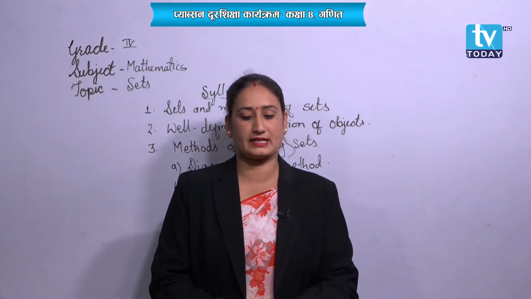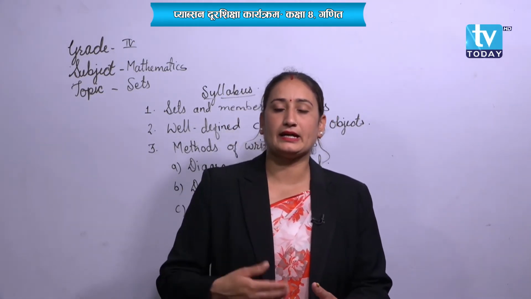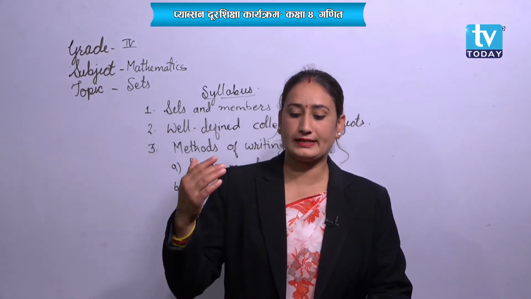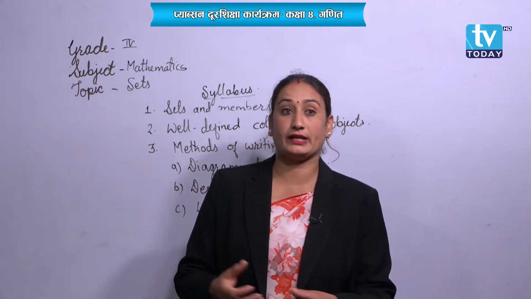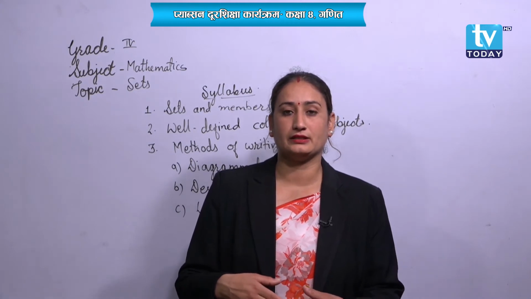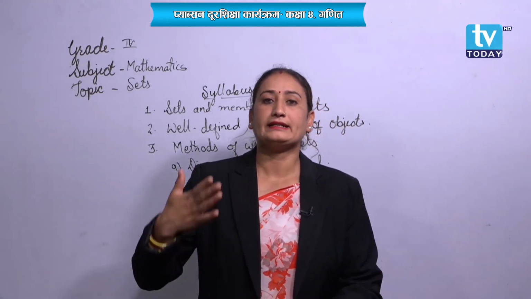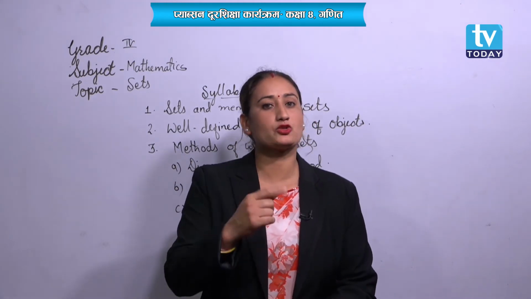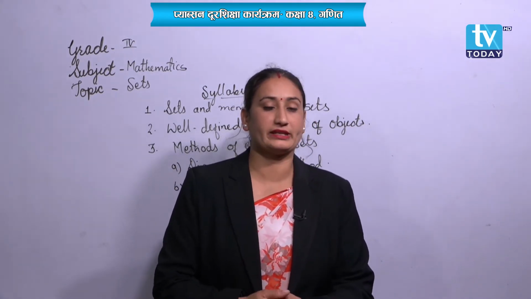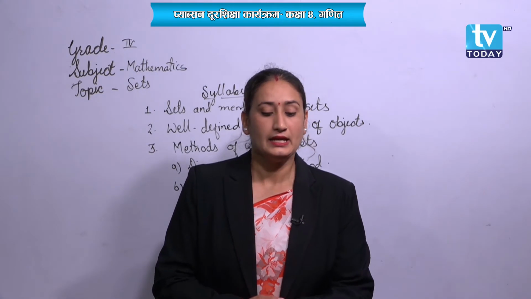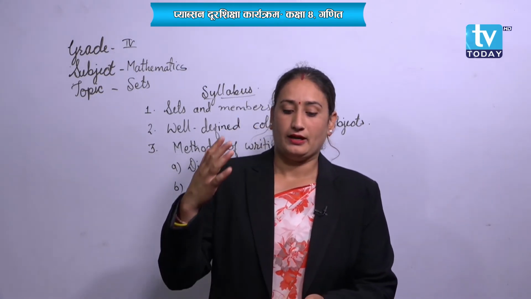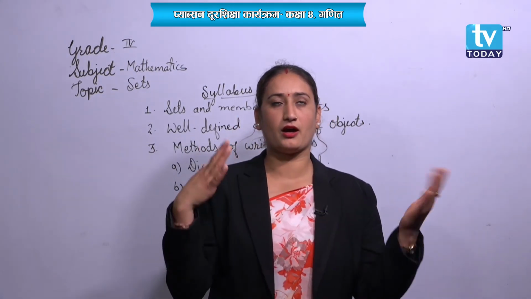Now next is the collection of even numbers less than 20. Can we collect the even numbers less than 20? Obviously. So it's well-defined. Now the last question you have to tell me, okay, whether it is well-defined or not. The collection of girls having long hair.